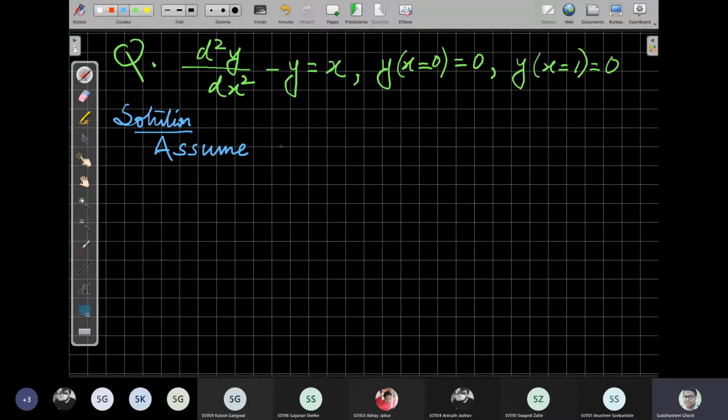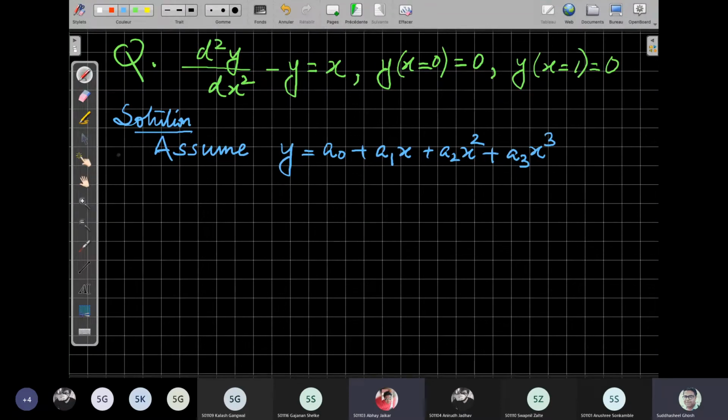So I say y equals to, tell me what to do? A0 plus A1 x plus A2 x square, after that A3 x cube. Surely it is like this, right?